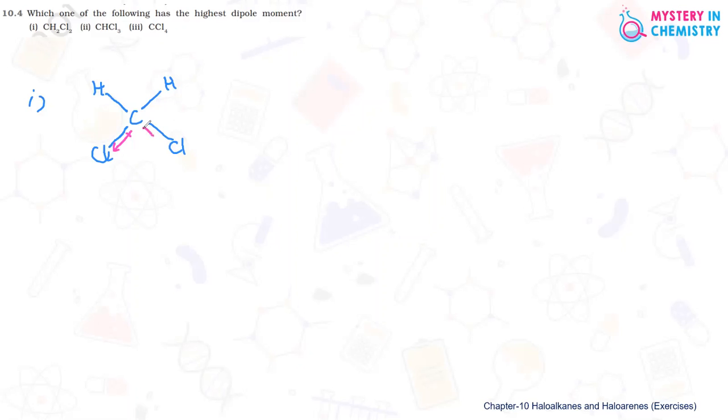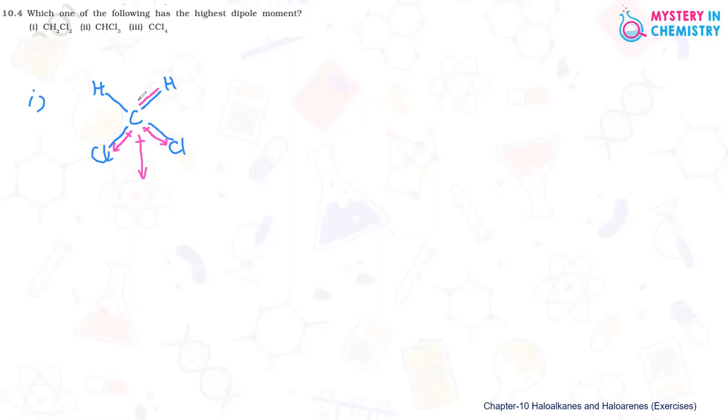Here also the same thing. Towards chlorine, this dipole is here. And the resultant of these two should be here. And similarly, here hydrogen is a non-polar molecule and the bond is non-polar.